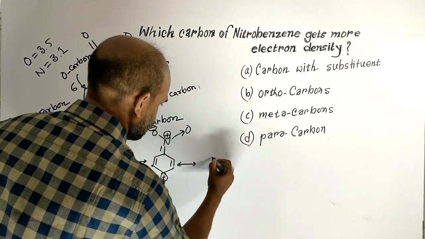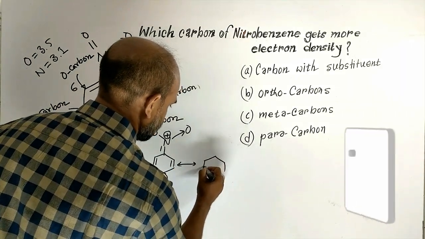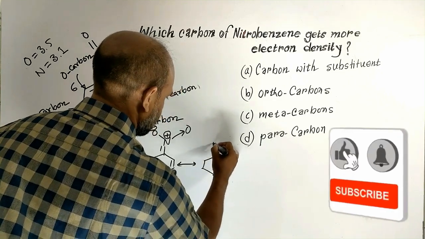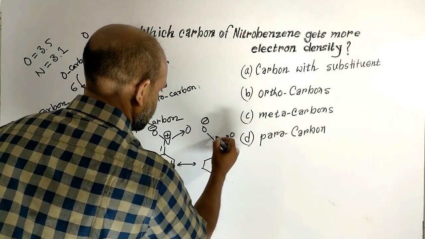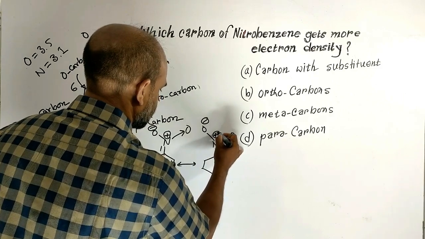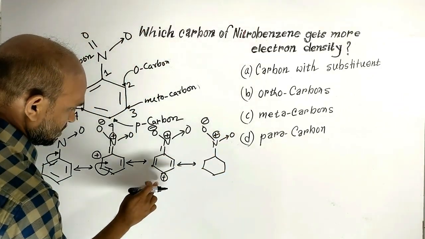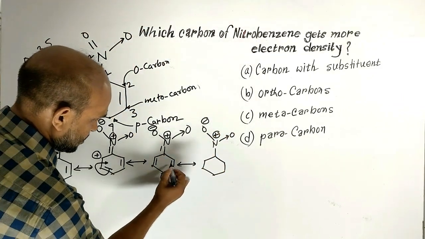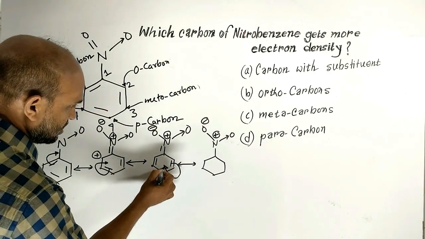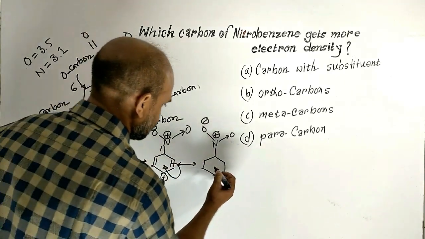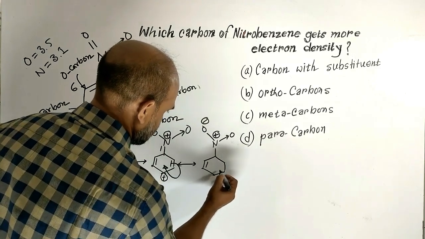Then negative in charge, positive in charge. Here, due to this positive charge, these electrons move here and this carbon becomes positive in charge.